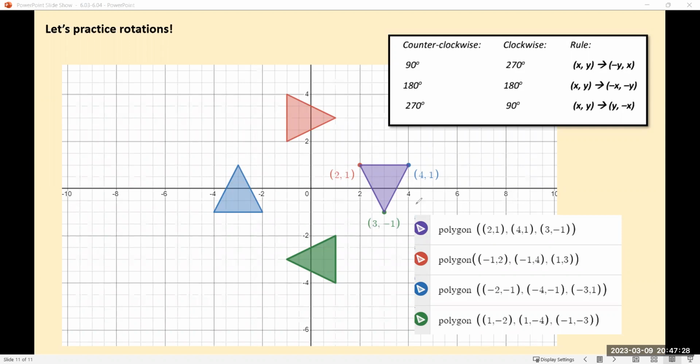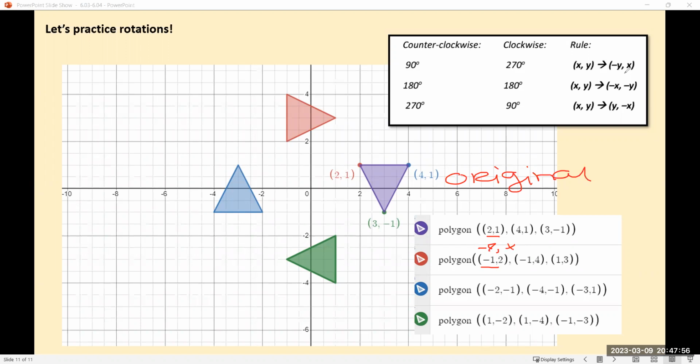Let's first start. We can see that this purple one is our starting point, our original figure. We want to see how it rotated each time. So let's look at these points. This first one went from (2, 1) to (-1, 2). So our y value became negative and moved up front, and then our x value went second.